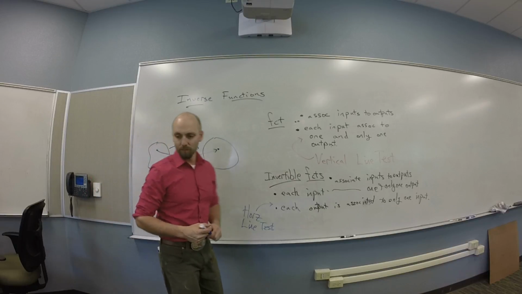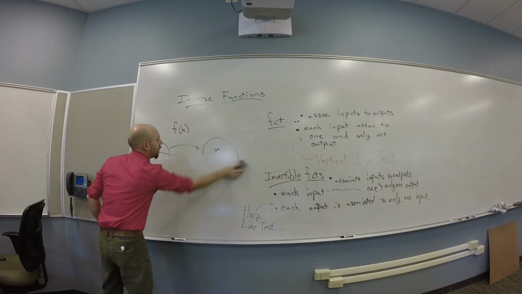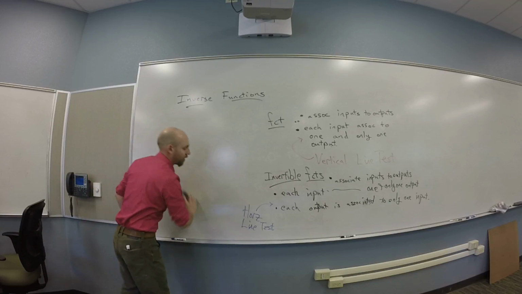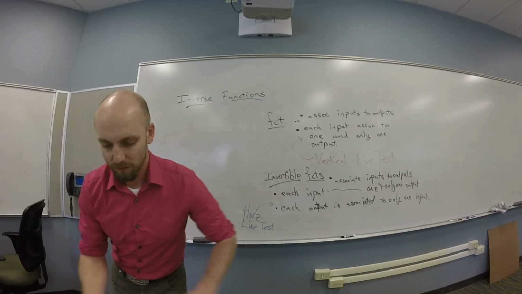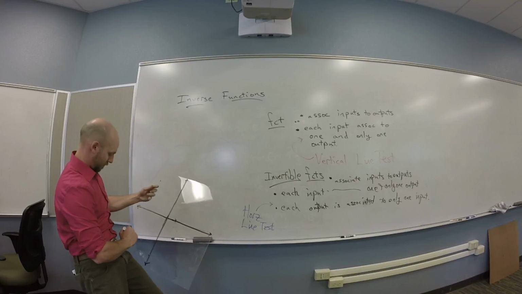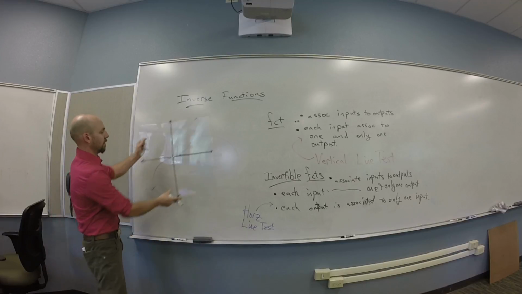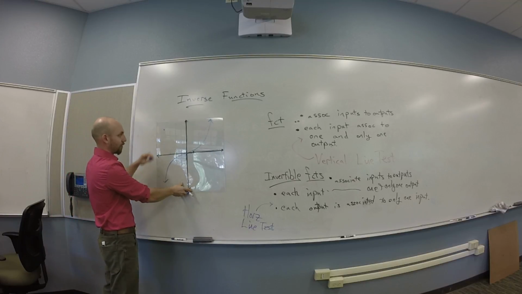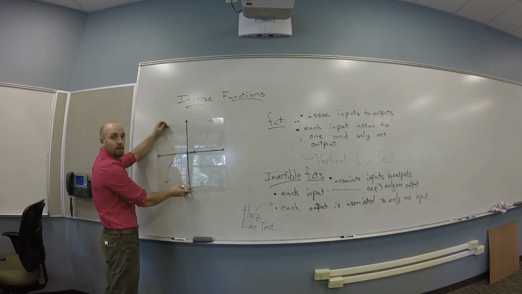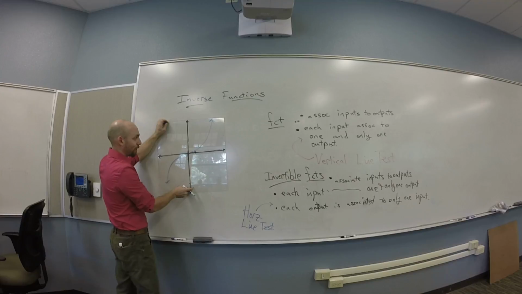Do you guys remember the relationship between the graphs? If you have, for instance, your favorite function, cubing, how do you get the graph for the inverse function? Flip it across the line.